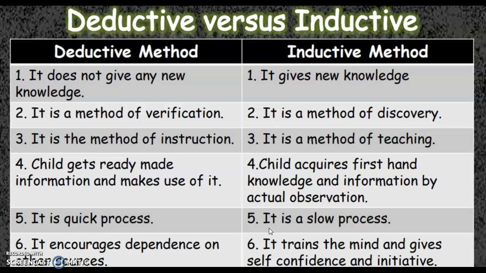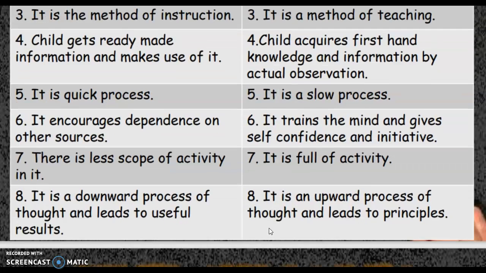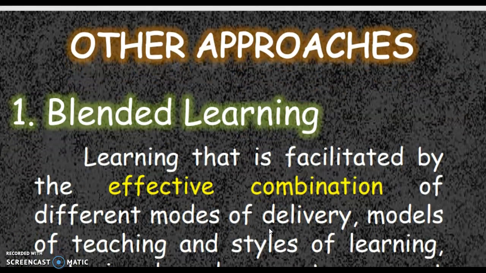There is nothing new here. They only take ready-made information and present it. In the inductive method, the child acquires first-hand knowledge and information by actual observation. In the inductive part of teaching and learning languages, the child tries to do something by himself or herself. So he will observe something. Okay, then let's continue.